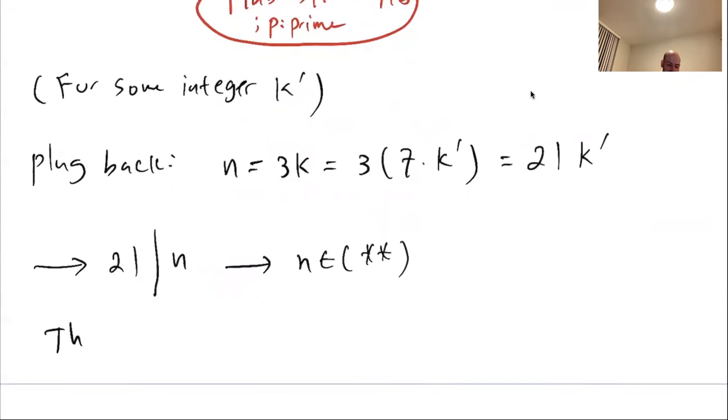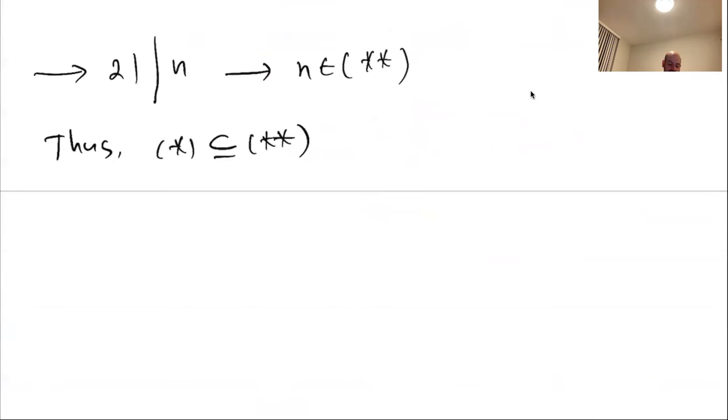So 1 star is a subset of 2 star, because if I consider one element in 1 star, it will be automatically in 2 star. Therefore, we can say that 1 star is equal to 2 star.